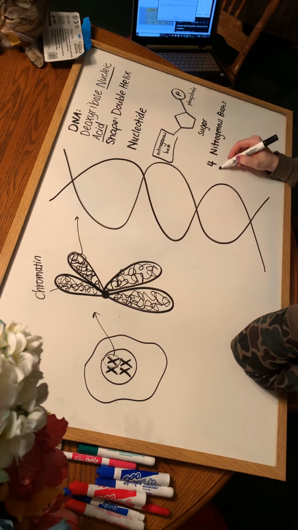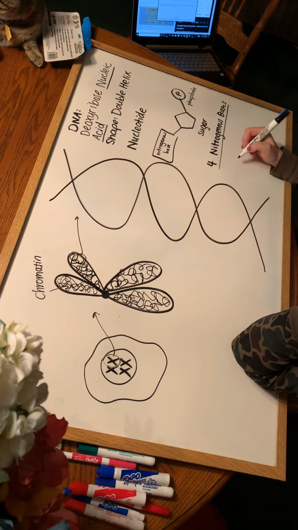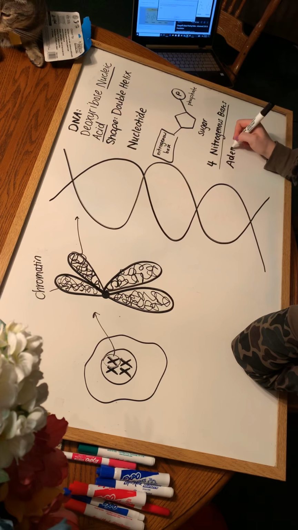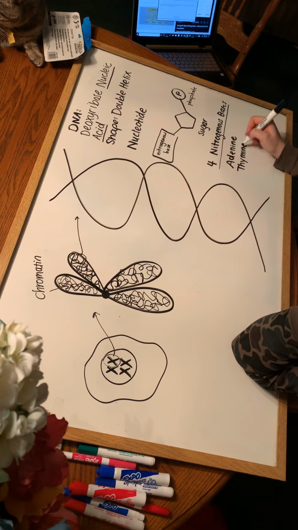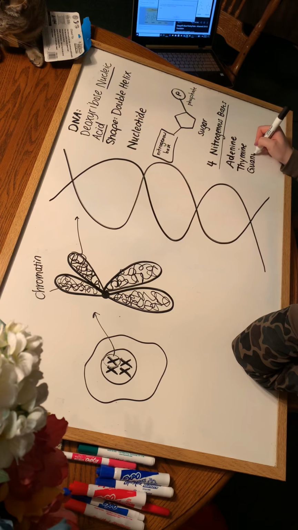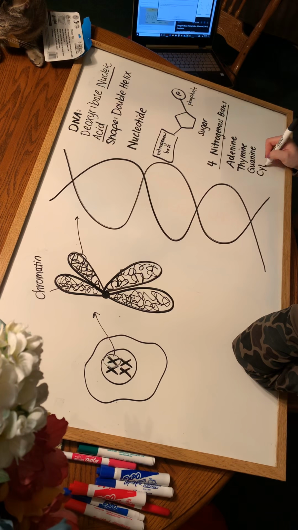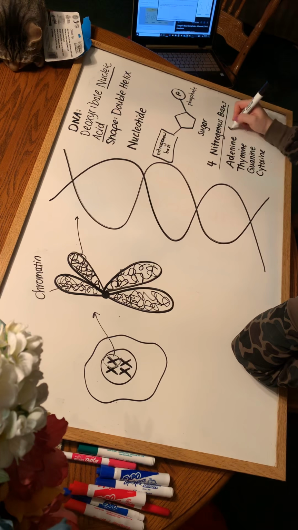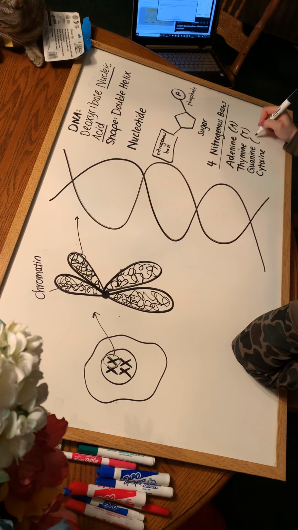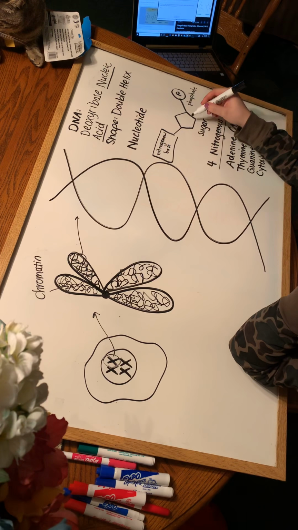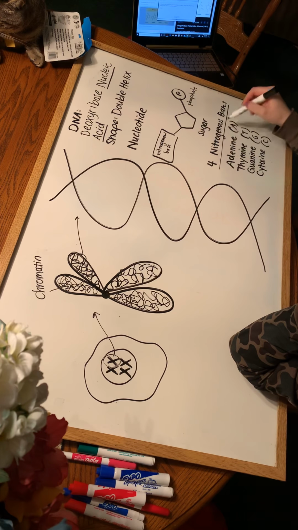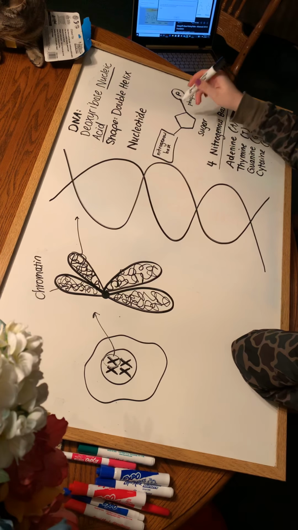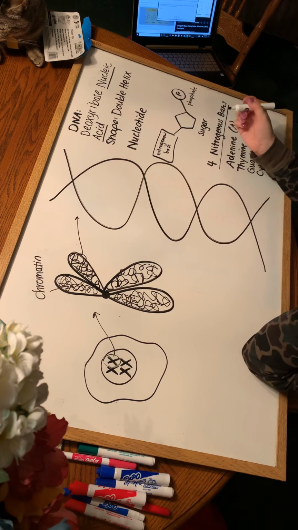There's more in other types of nucleic acids, but for right now we are concerned with adenine, thymine, guanine, and cytosine, often just abbreviated as A, T, G, and C. So it's always a deoxyribose sugar, there's always a phosphate, and then there's a nitrogenous base. It's going to be one of these 4. And this whole unit, this whole nucleotide, is what repeats to make a nucleic acid.